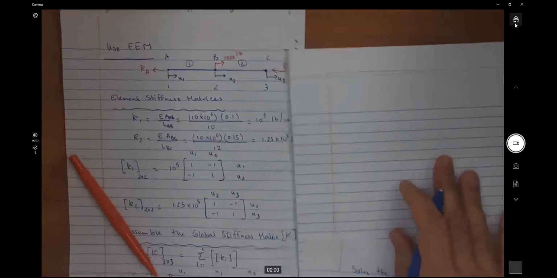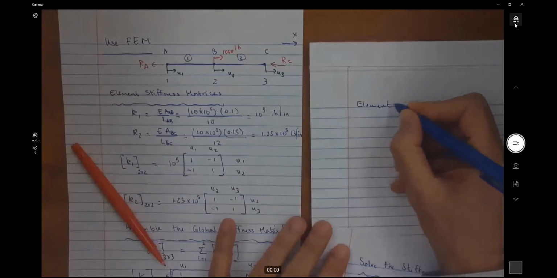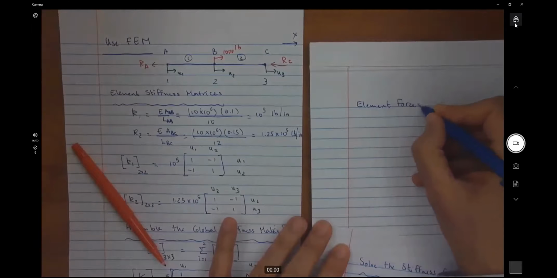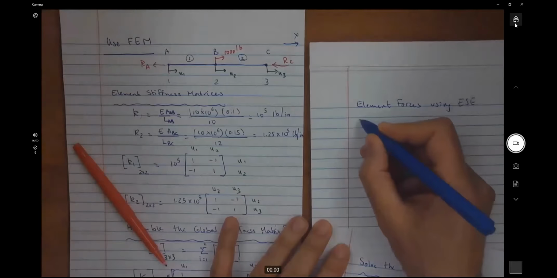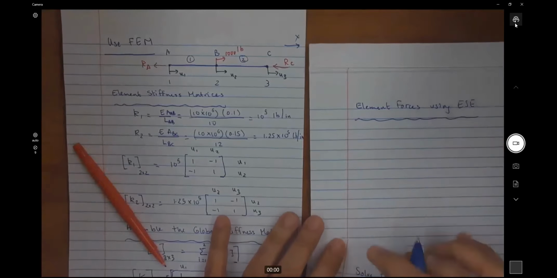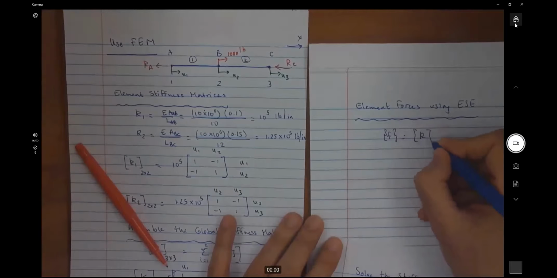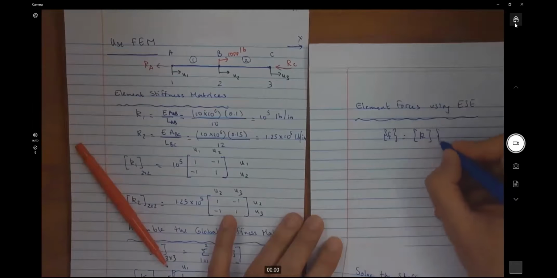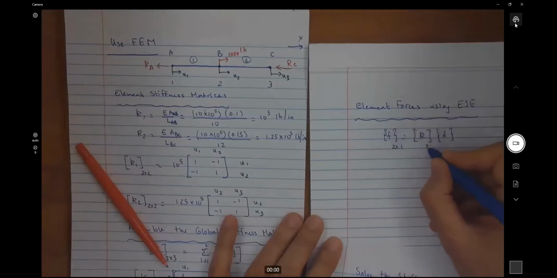So I can come here and say, for the element forces, using element stiffness equations. What are the element stiffness equations? F is equal to lowercase k, and this is lowercase f, multiplied by d. This is a 2 by 1, this is a 2 by 2, and this is a 2 by 1.